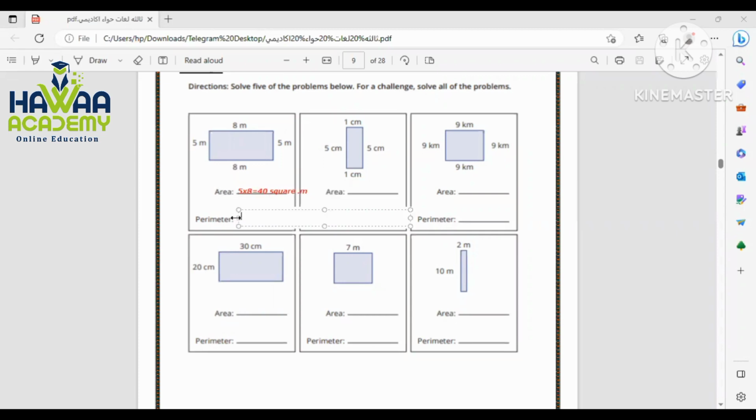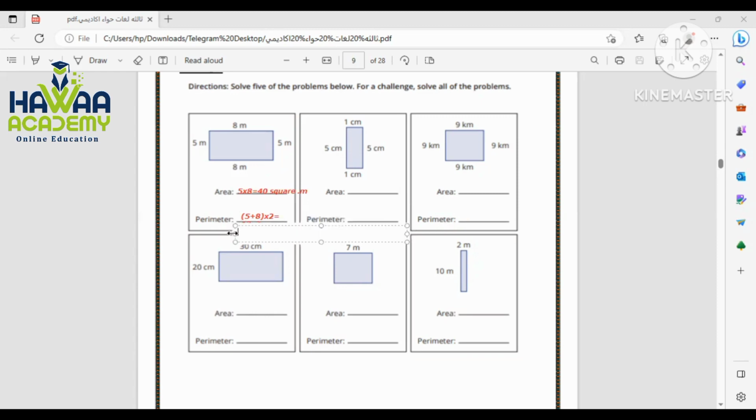And the perimeter would be length plus width times 2, 5 plus 8 times 2. 5 plus 8 equals 13. 13 times 2, how will I solve it? We will use here the distributive property of multiplication.